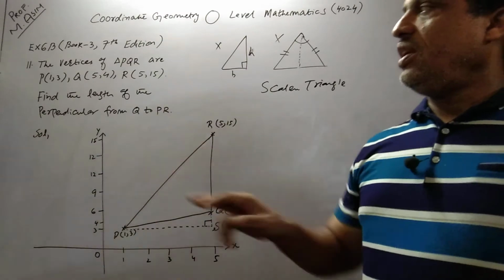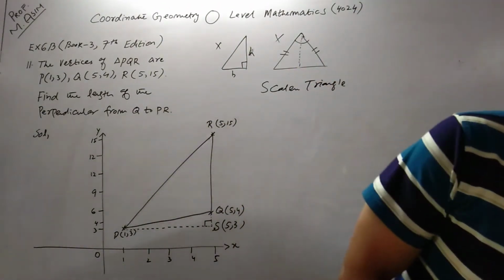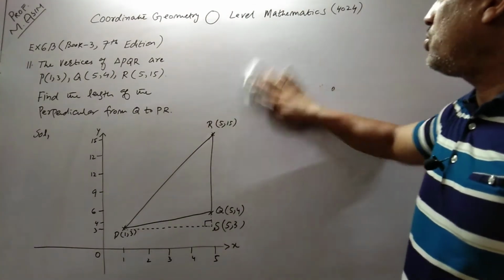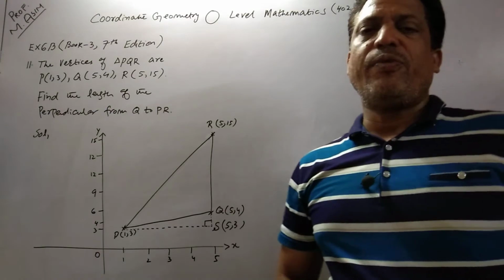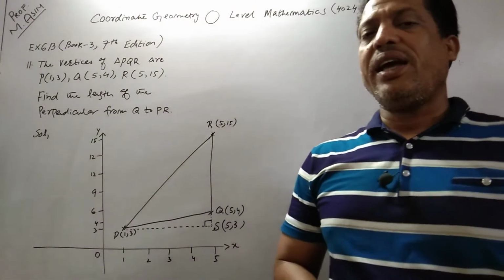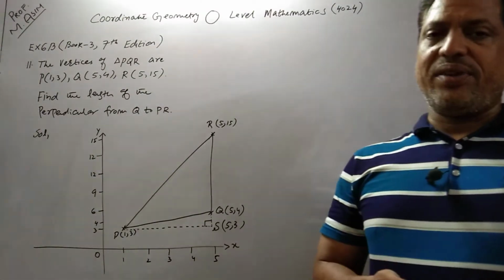So this question is related to a scalene triangle, and the question is the same, to find the length of the perpendicular. To find the length of the perpendicular, we need to find the area of the triangle, and to find the area of the triangle we need to have a right angle triangle.